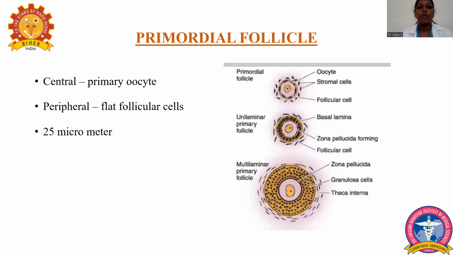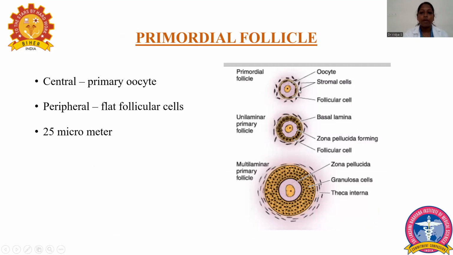Next is the primordial follicle. The primordial follicle has a centrally placed primary oocyte, and at the periphery you have flat follicular cells. It is 25 micrometers in size. You can see the primary oocyte in the center, surrounded by the flat follicular cells.